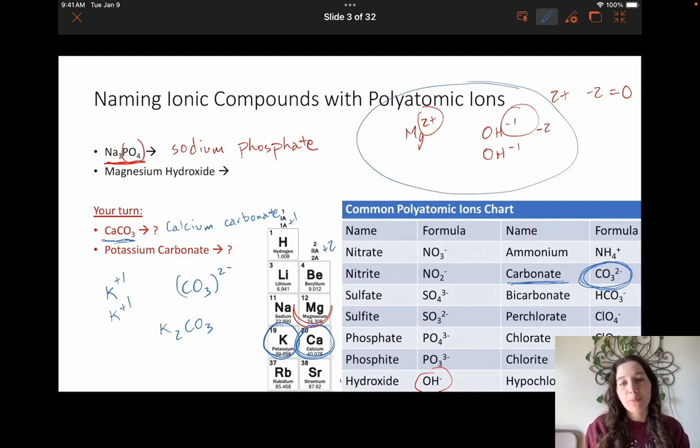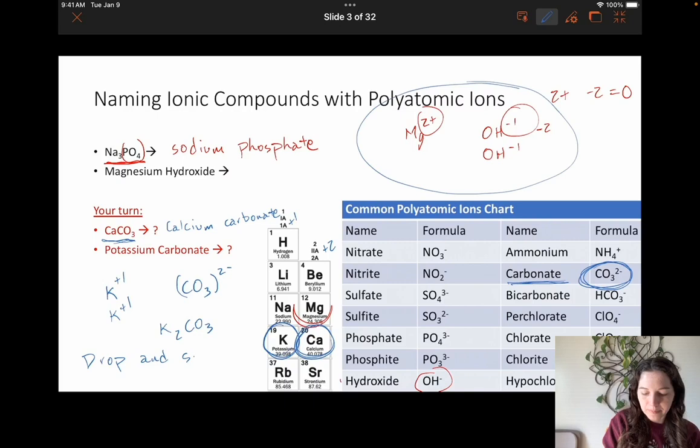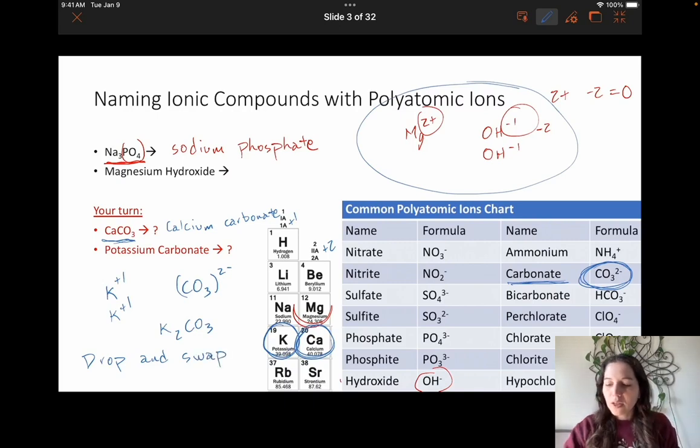Now there's a shortcut to remembering this. So if you ever get stuck and you can't quite remember that you need to add the charges up to 0 and you need to add multiples of them in order to do that, we have this thing called drop and swap. You'll notice that these subscripts here, this little thing, it comes from the opposite ion, right?